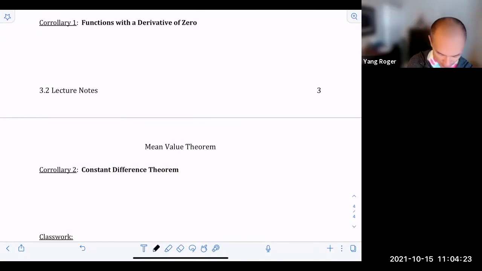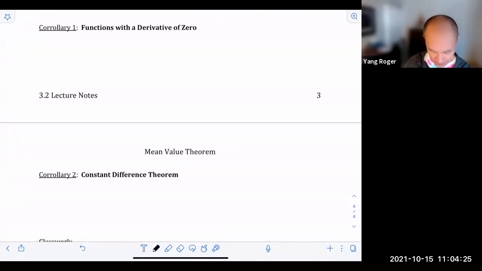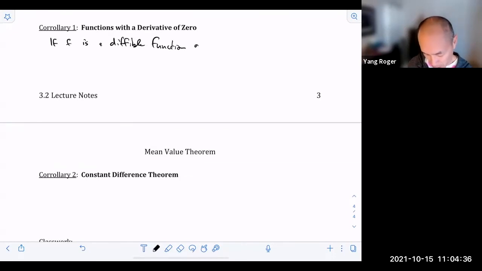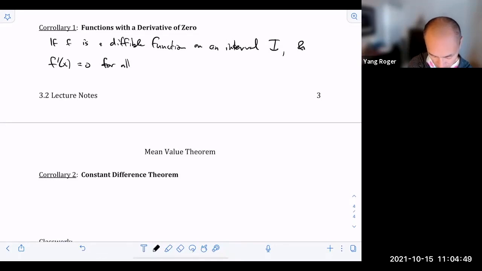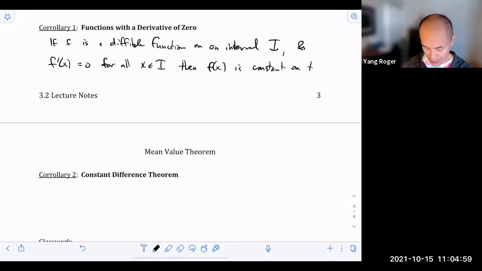Let me tell you what these corollaries are. The first thing is that if f is a differentiable function on an interval I, and if we have that f prime of x equals 0 for all x in that interval, then f of x is constant on that interval.